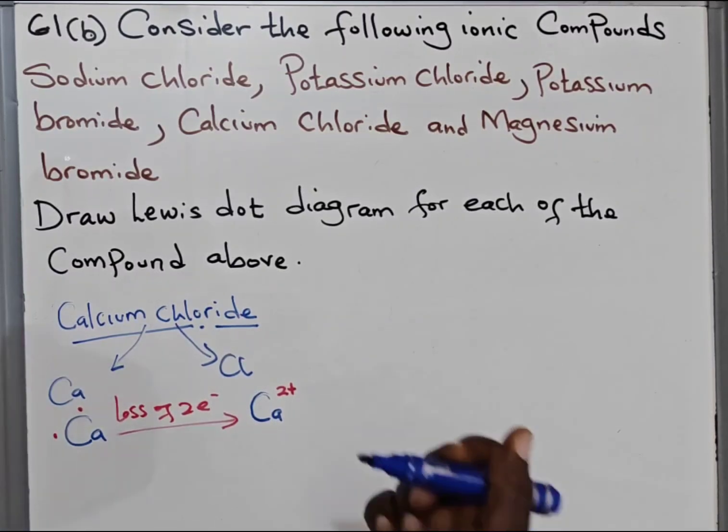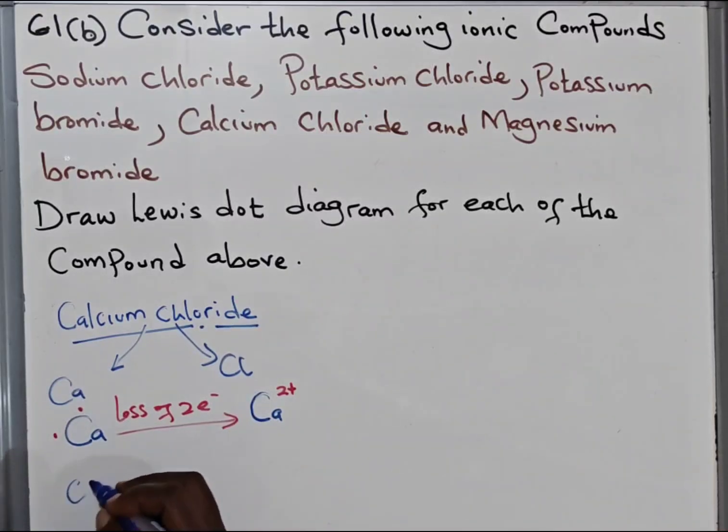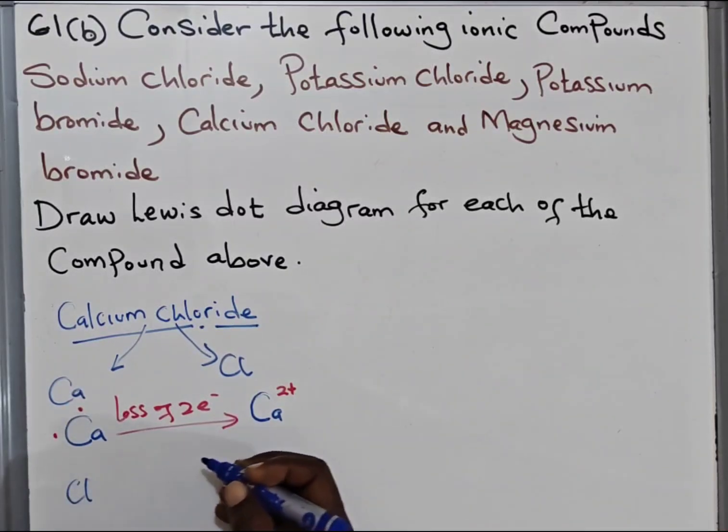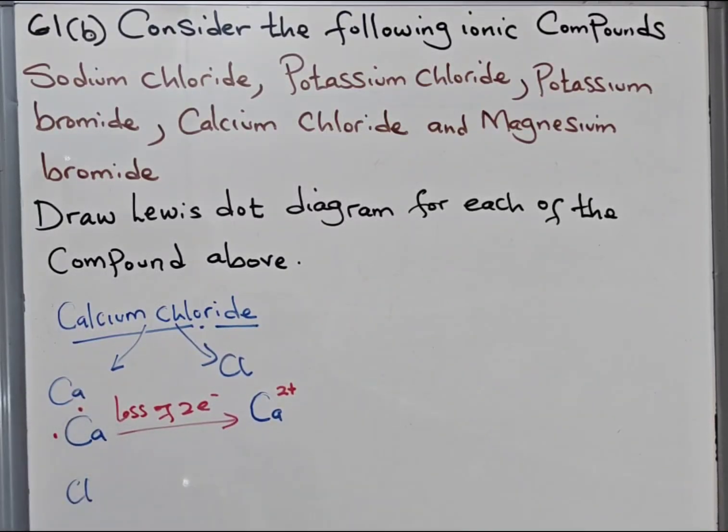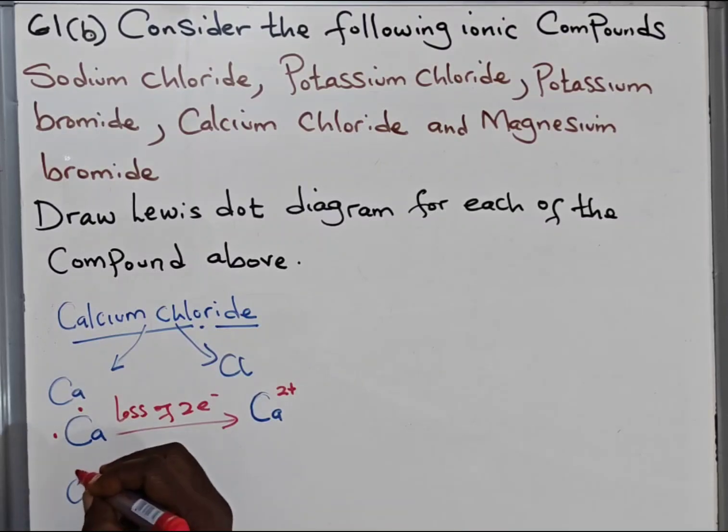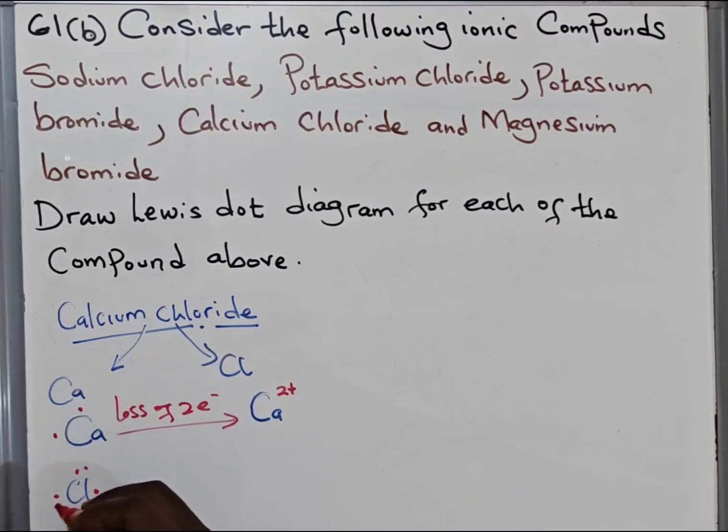Next is to look at our chlorine. Chlorine belongs to group 17, having 7 valence electrons, which we distribute as 1, 2, 3, 4, 5, 6, 7.